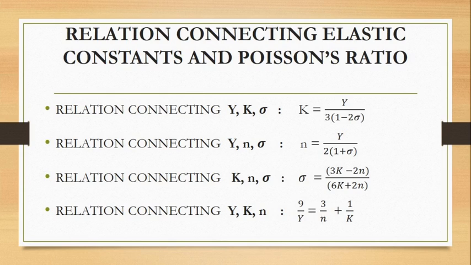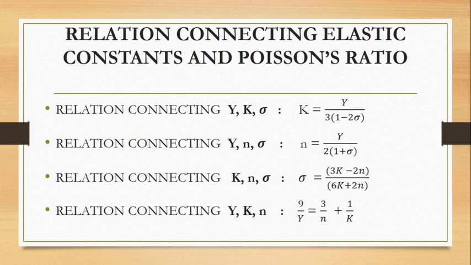First, the relation connecting Y, K and sigma, that is K is equal to Y divided by 3 into 1 minus 2 sigma. The relation connecting Y, N and sigma, that is N is equal to Y divided by 2 into 1 plus sigma. Then the relation connecting K, N and sigma, that is sigma is equal to 3K minus 2N by 6K plus 2N.